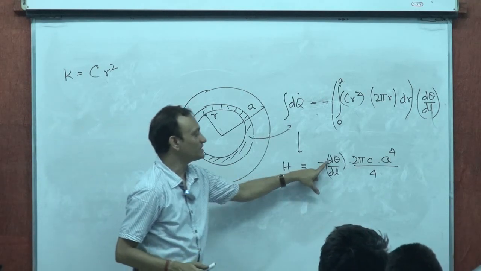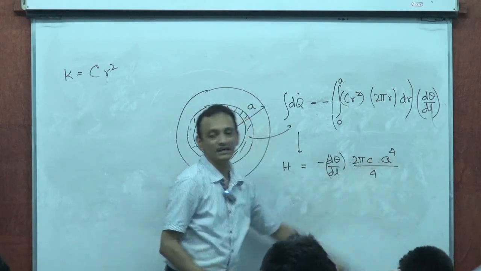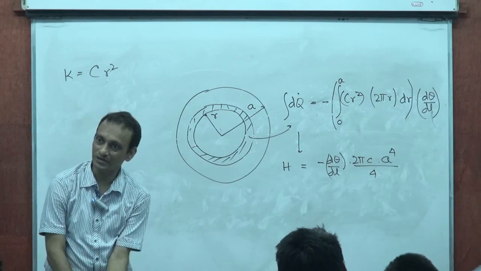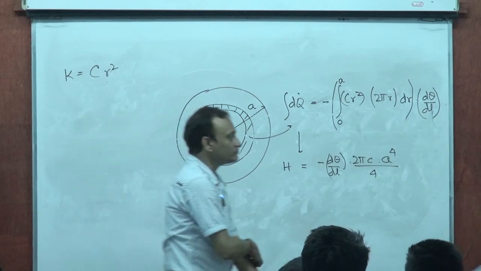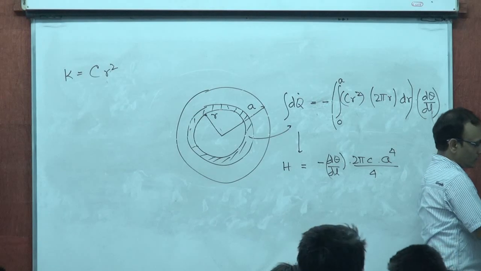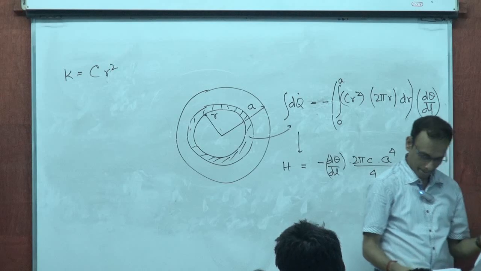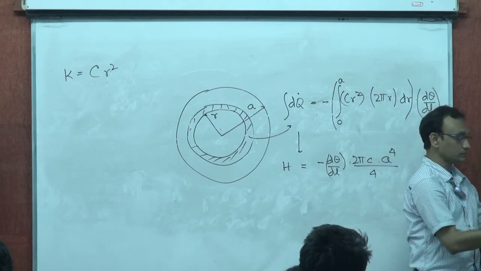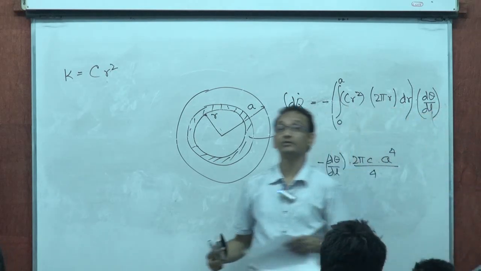Right? So minus d theta dl would be 2H by pi C A power 4. That will give me the temperature gradient, right? Look at problem 7. Look at problem 7.